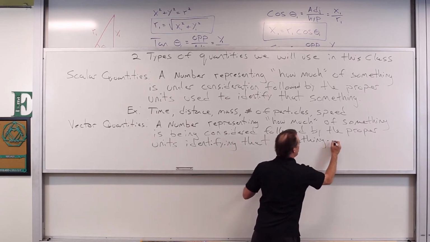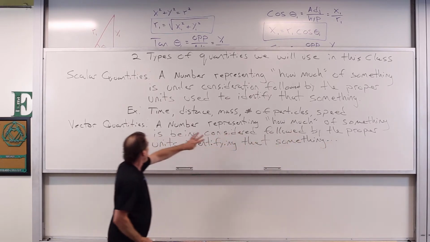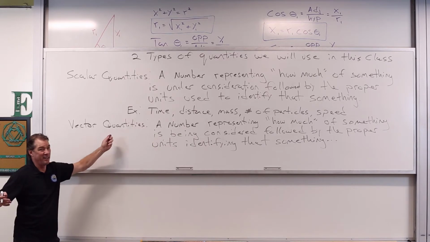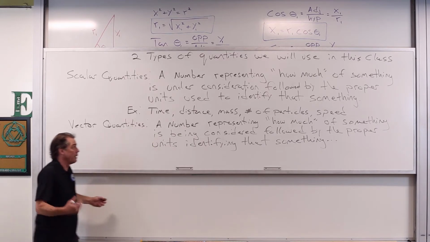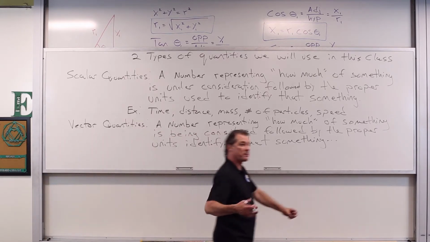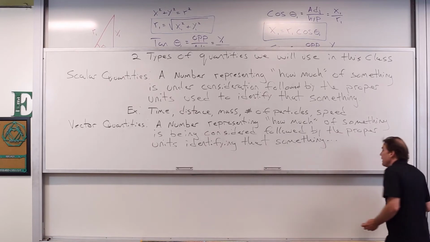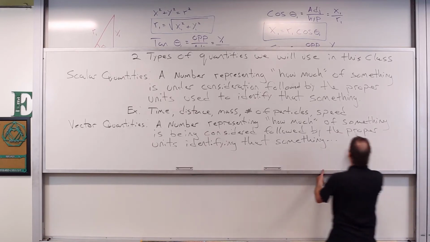So up until then, it just looks like a scalar quantity, right? We've got some quantity that has a number representing how much, followed by some proper units so we know what it is. But there's more.